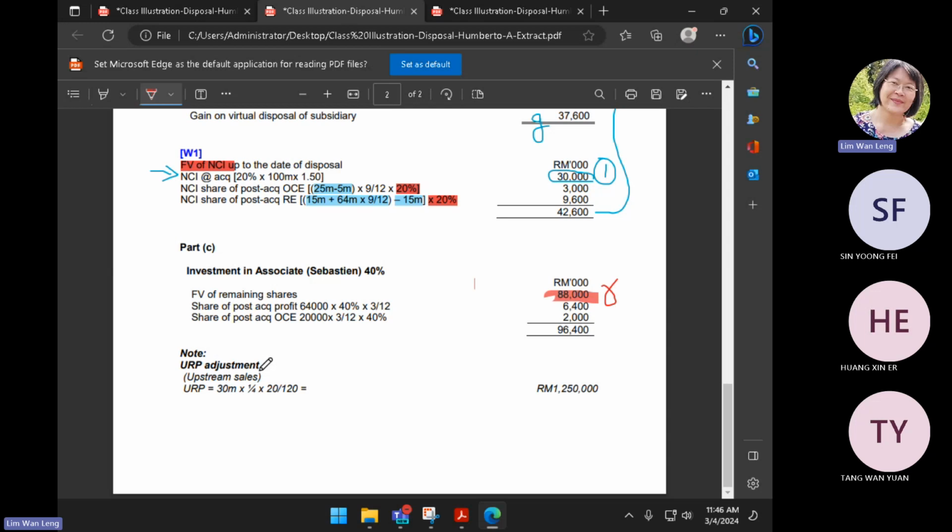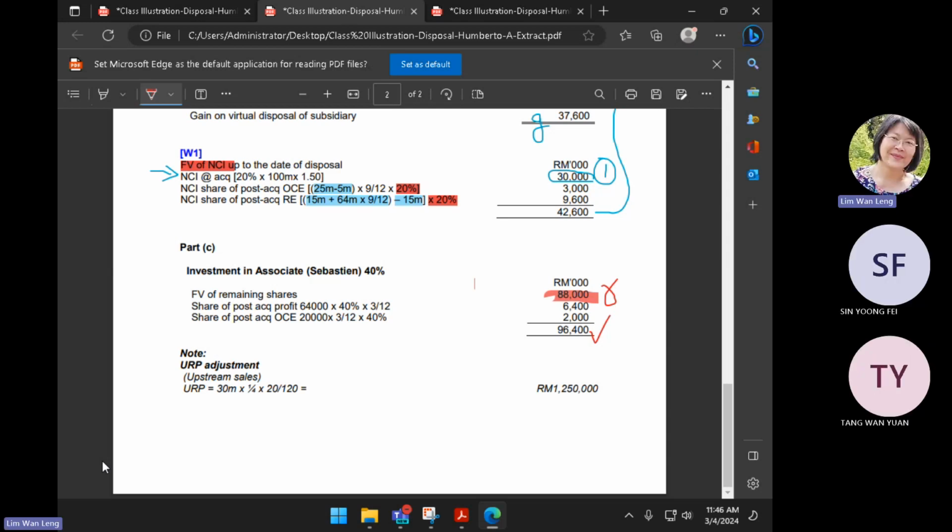So you add and subtract, you are going to get this particular figure, and this figure should appear in the consolidated SOFP. You got that? Because the goodwill computation is just put down for you so that you remember how to calculate the URP. Okay, this is the illustration on the disposal. Any questions?